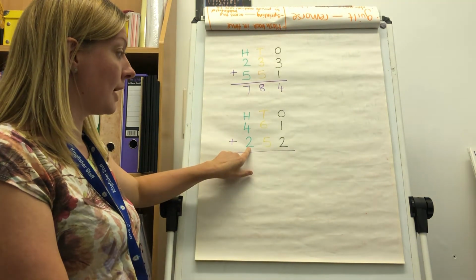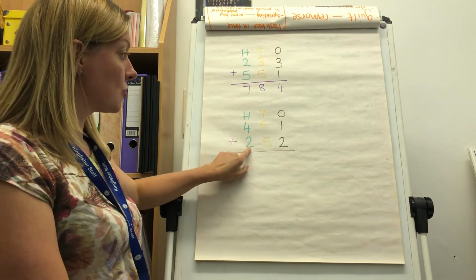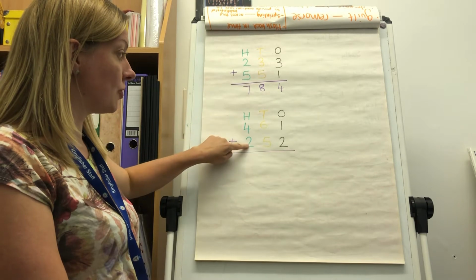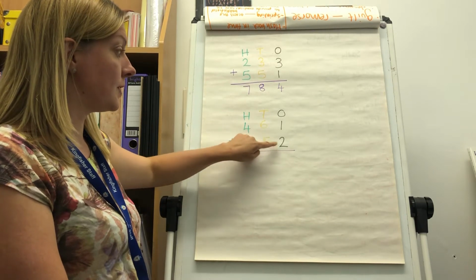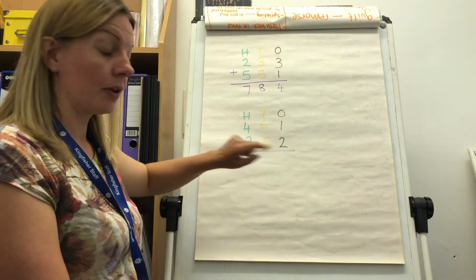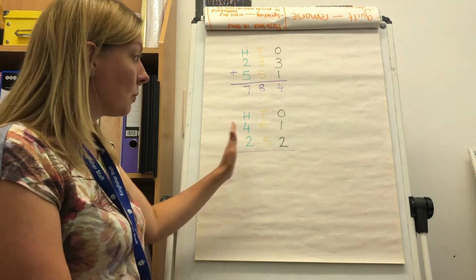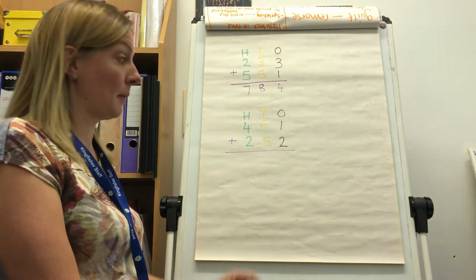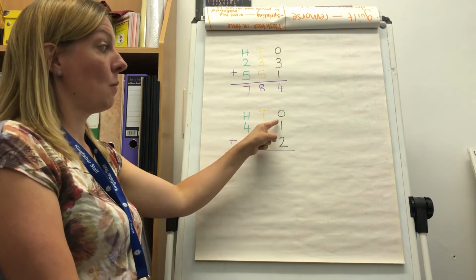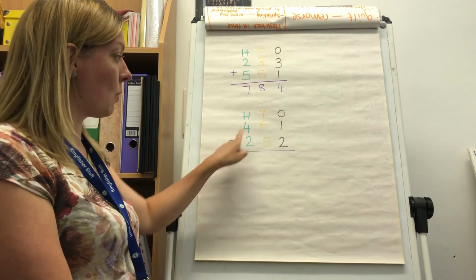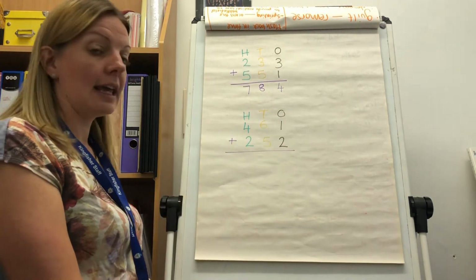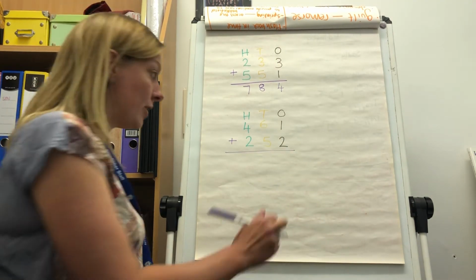So remember how to read that number. Okay, let's get ready for adding. Which column do we start at for adding? The ones column. Okay, so 1 add 2 is 3.